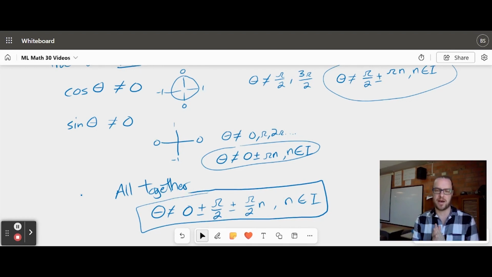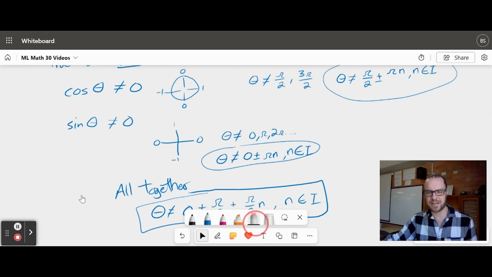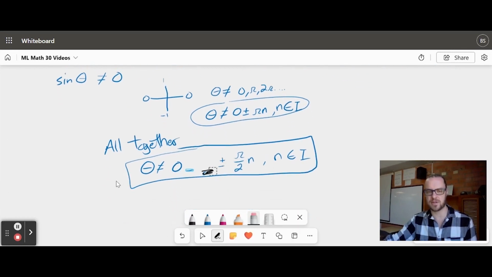Oh, look at that. I wrote that twice. My bad. We shouldn't have the pi over 2n twice there. It should just be one of them. So here, let's clean that up for you. It should just be 0 plus or minus pi over 2n, where n is an element of the integers.